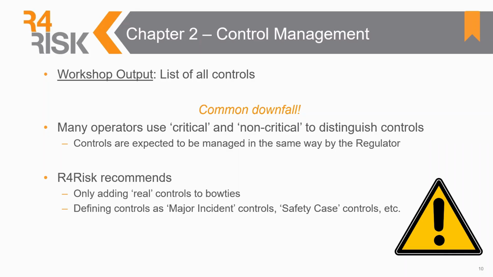We also recommend defining these controls as major incident controls if you're under major hazard facility, safety case controls, likewise. Maybe you just want to call them bow tie controls. But at least if you term them this way, you can ensure that you have a clear scope on how to manage your different type of controls so that you're not managing that single slide in the induction pack.